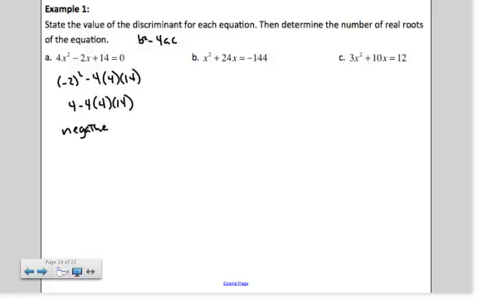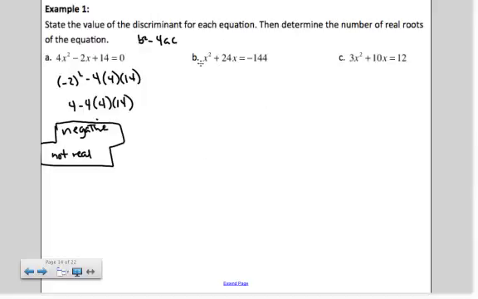And if it's negative, I don't really need to find how big it is. On your tests or on your homework, if it's negative, just tell me it's negative, and tell me that the solutions are not real, and that is all you need to tell me.